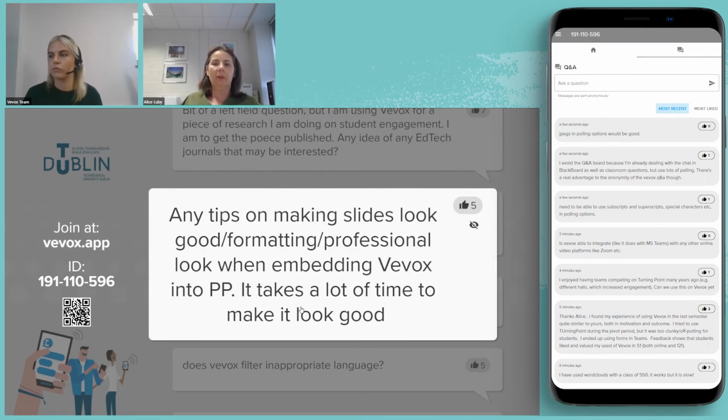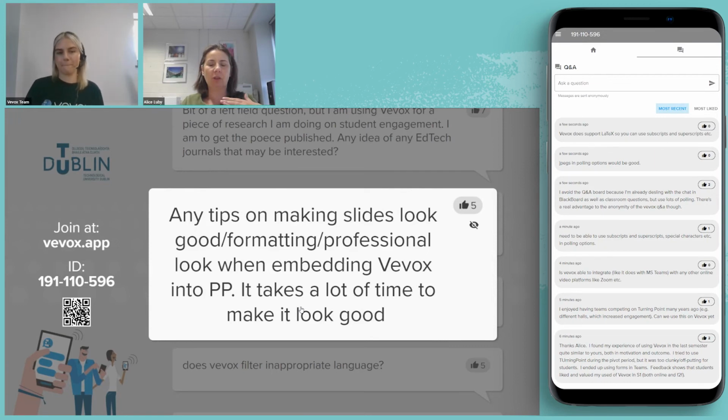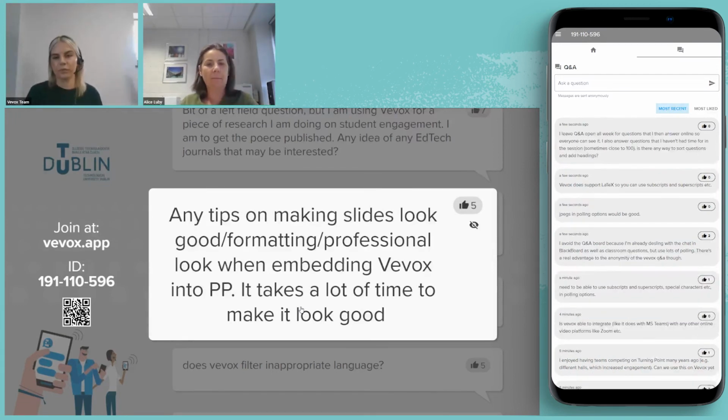But my own personal point of view is the Vvox clarity is much better than, and this is not a criticism of others, and I've noticed somebody had put it in which caught my eye, I found the graphics generated by Turning Point very clunky, and they kept changing and kept distorting, and it was very problematic.